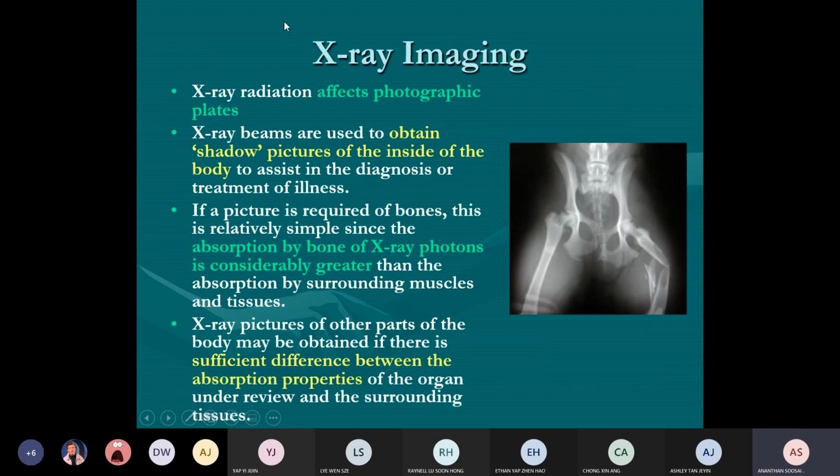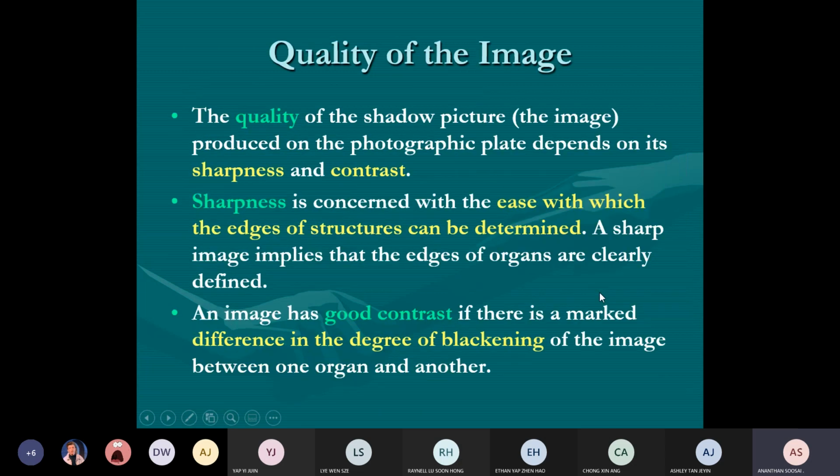Then we go to X-ray imaging. We try to make the image very clear. How do you make it clear? We focus on two important features of the imaging: sharpness and contrast. You should know how X-ray image sharpness is increased and how contrast is increased.